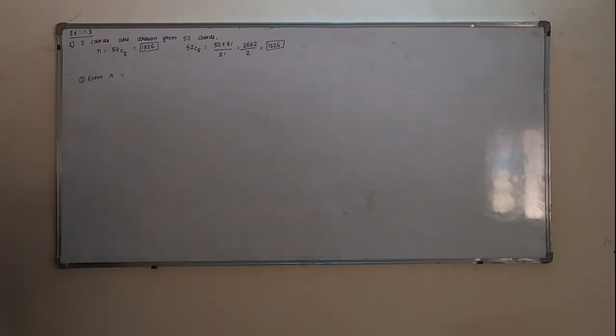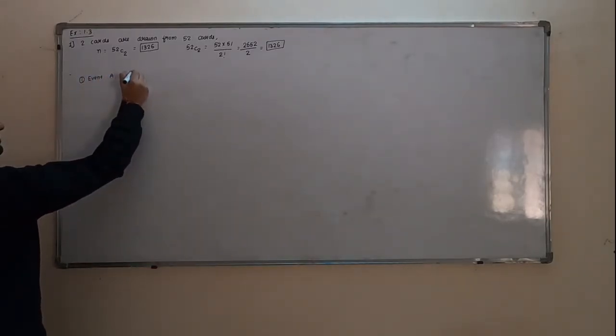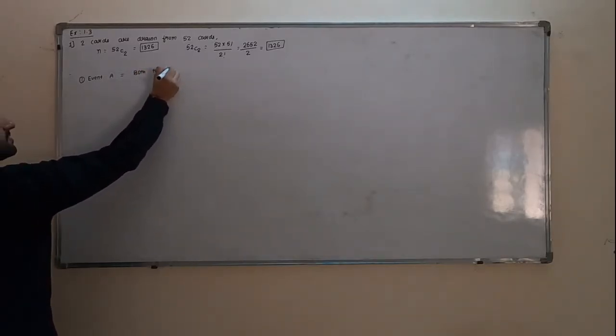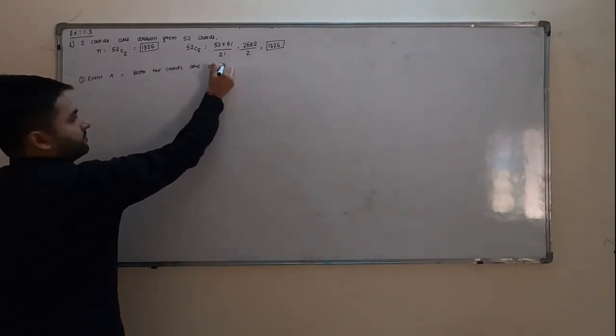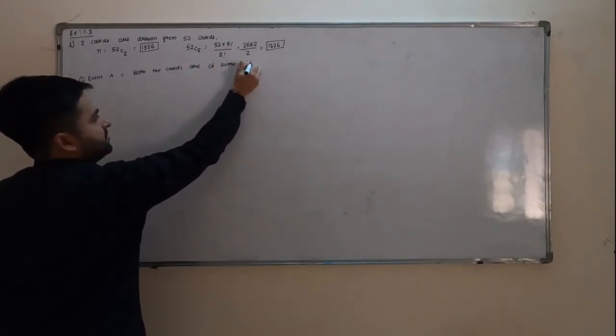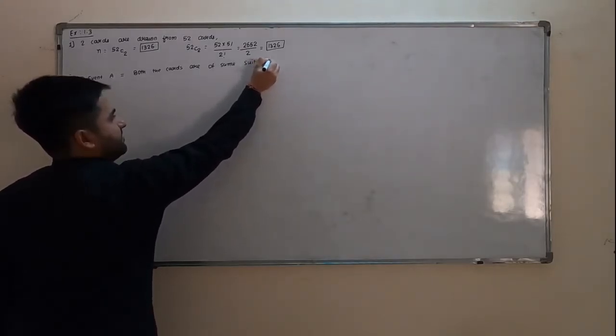Okay. Now, number 1, event A: both the cards are of same suit. Suit means type.